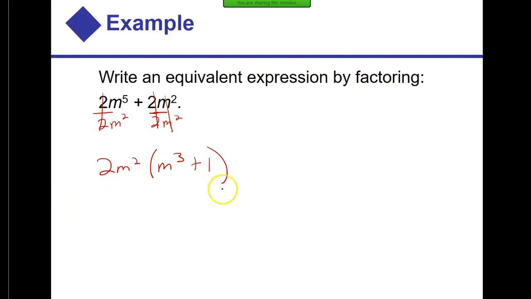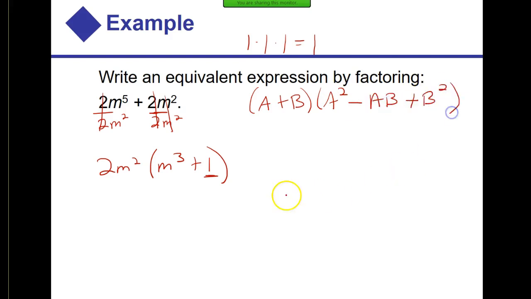A lot of times students think they're done here. But what's tricky is 1 is a perfect cube. 1 times 1 times 1 is still 1. So now I have m cubed and 1 cubed. I have a sum of cubes. So I need to factor it. It's going to go a plus b, same sign, a squared, opposite sign, ab, always positive, b squared. So I fill it in so that the GCF stays the same.